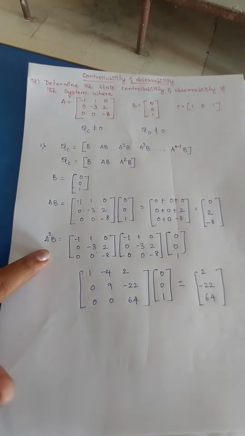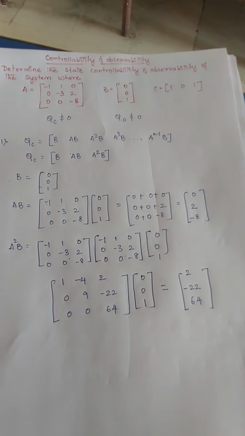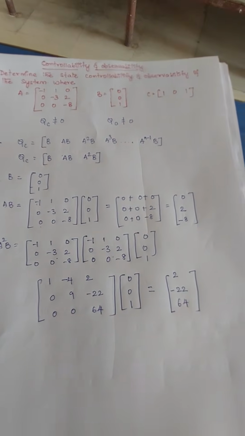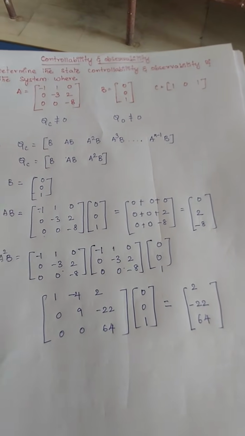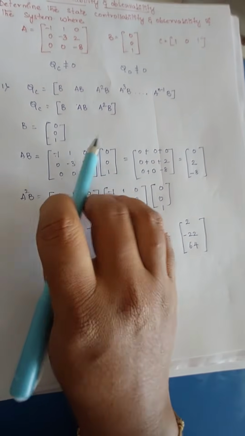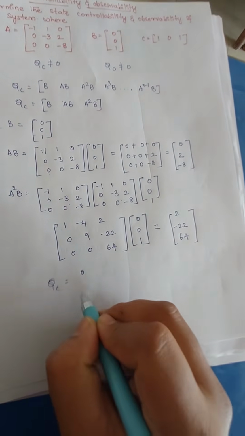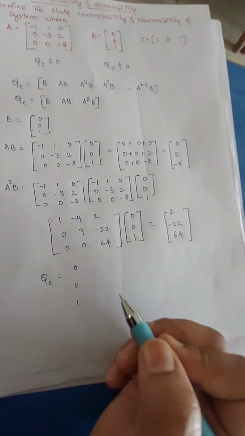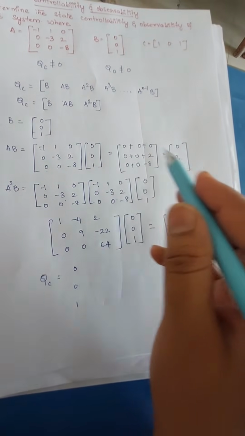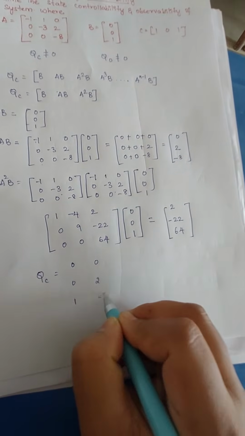This is the column matrix for the element A squared B. Now we formulate the matrix QC with this. The first column is B, which is 0, 0, 1. The second column, AB, is 0, 2, minus 8.